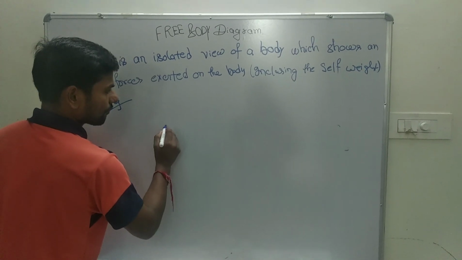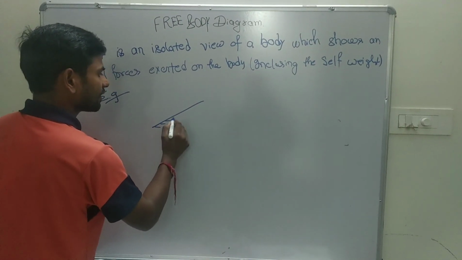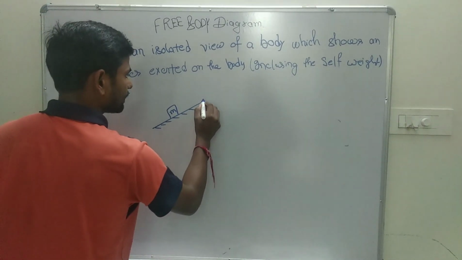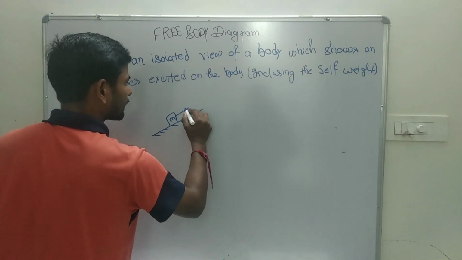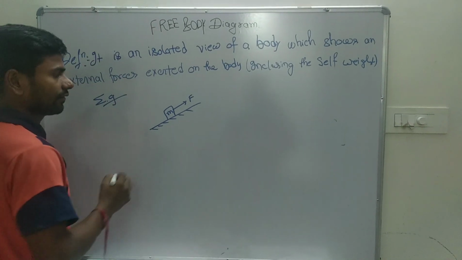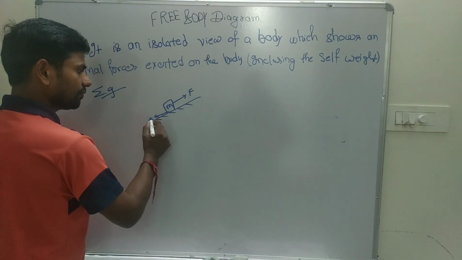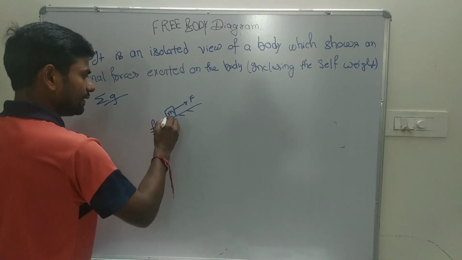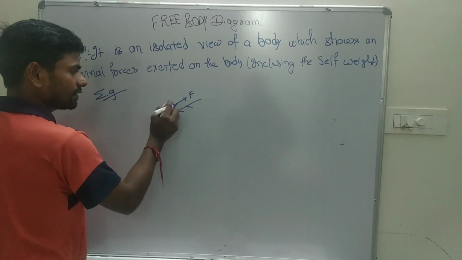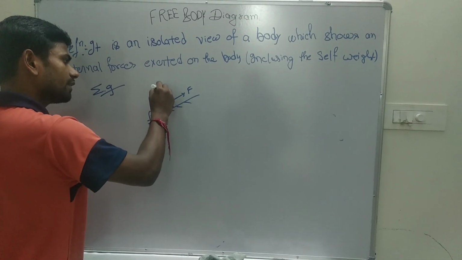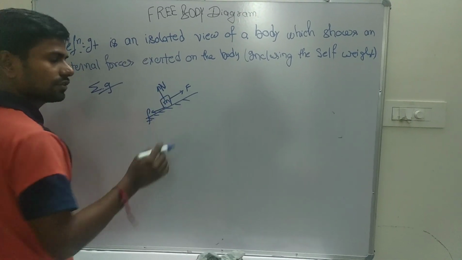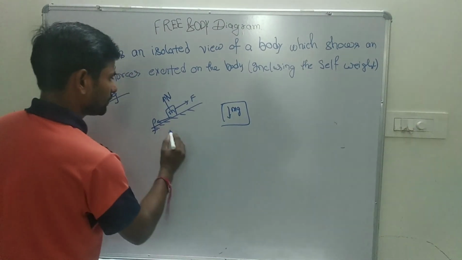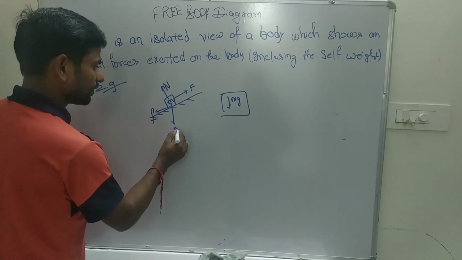Suppose there is an inclined plane and a body of mass m, and a force F acting. Then a friction force is developed at the surface of contact, and due to this surface there is a normal reaction N, and mg always acts downward.